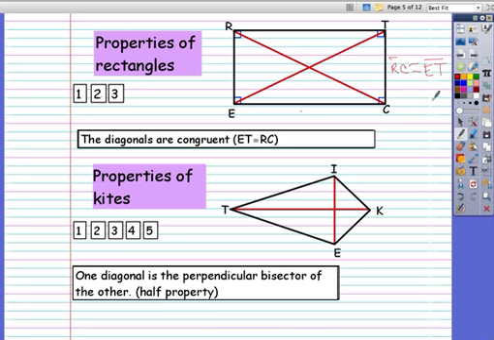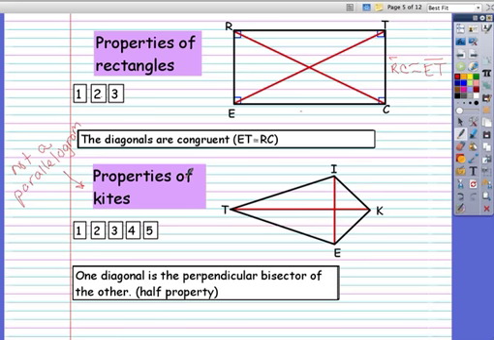We also have another type of quadrilateral, and this is not a parallelogram. But it is a quadrilateral because it's a 4-sided figure and all of my angles will add up to be 360 degrees.